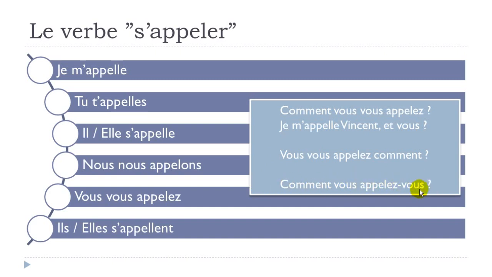That's the real correct way to ask the name of someone. Comment vous appelez-vous? And then you raise your voice. All right, so let's repeat them. Comment vous vous appelez? Vous vous appelez comment? Comment vous appelez-vous? All right.